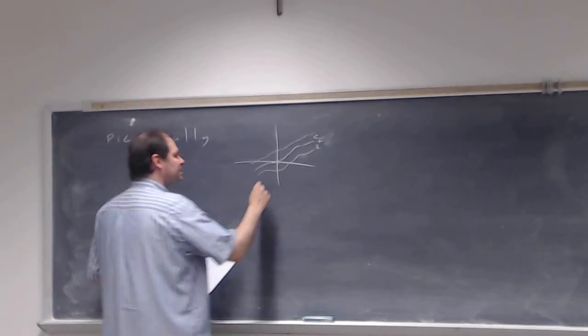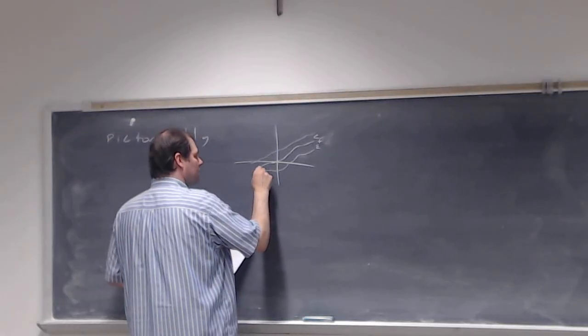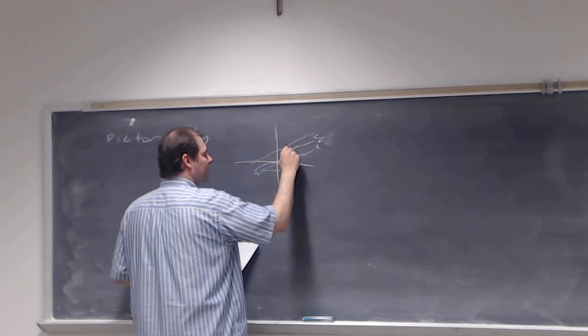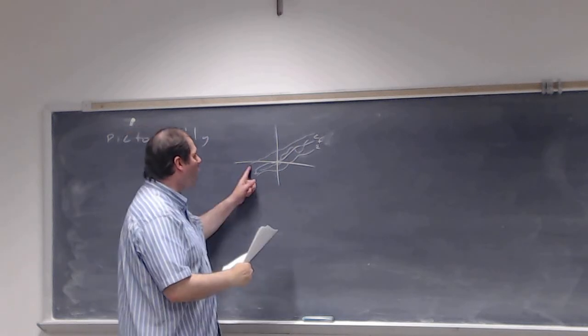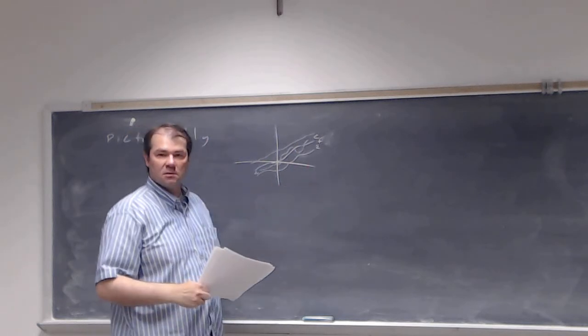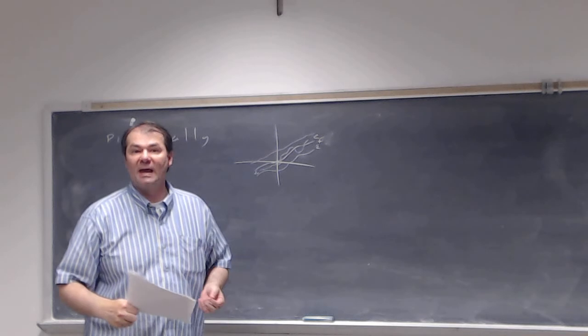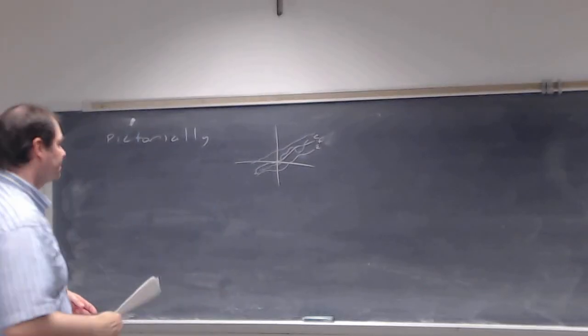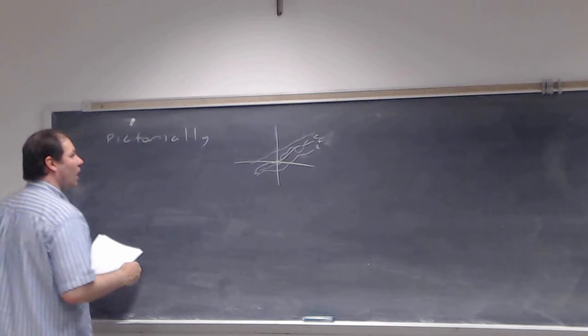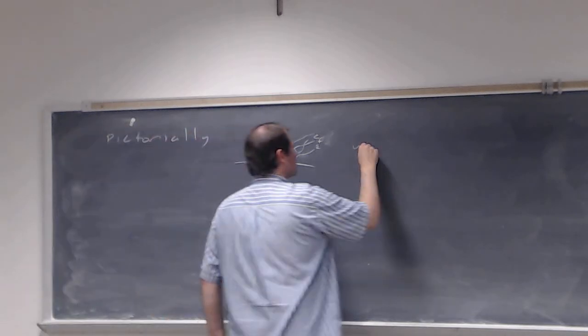And the f sub n's will be in here. Maybe they jump around, but they'll be in here for all n big enough, and it works for all the x's along the x-axis in the domain of the f sub n's. That's what's happening pictorially for uniform convergence.